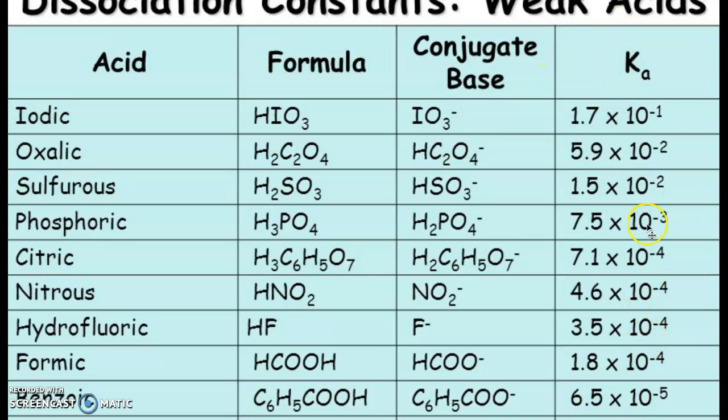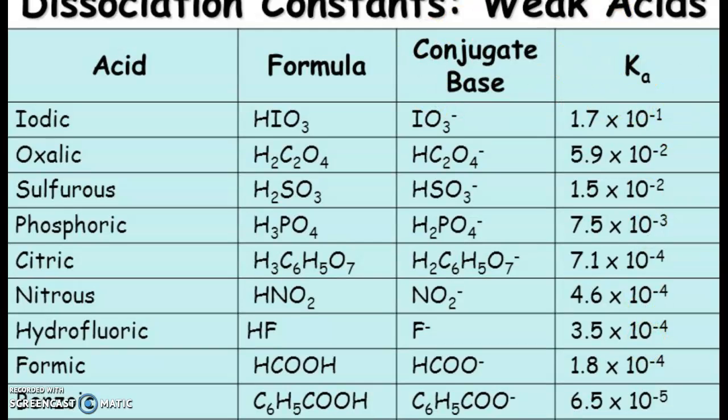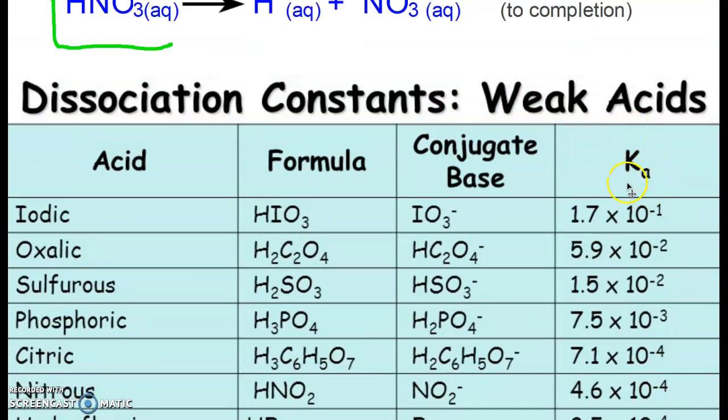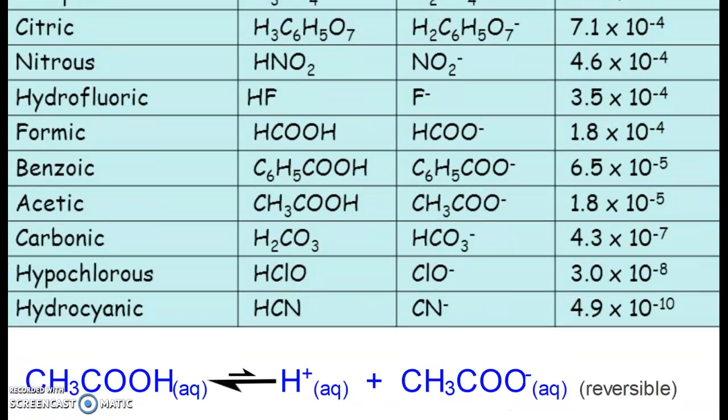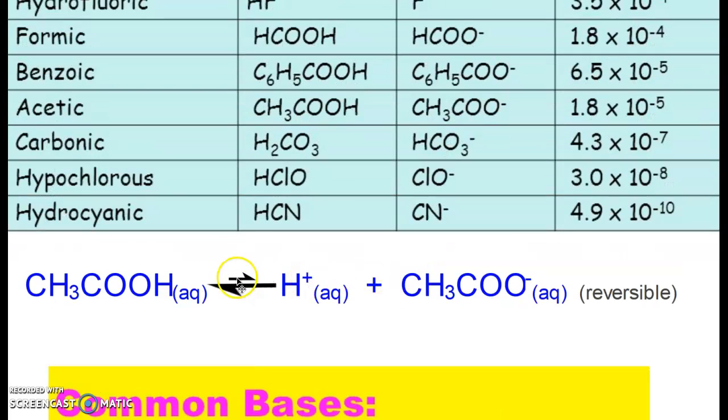Okay, here's the Kas for some of these, this list of weak acids, meaning at close to room temperature, at 1 molar, this would be the concentration. If you notice, all these are really small. That means it's mostly reactants. And that's the difference between a strong acid and weak acid.